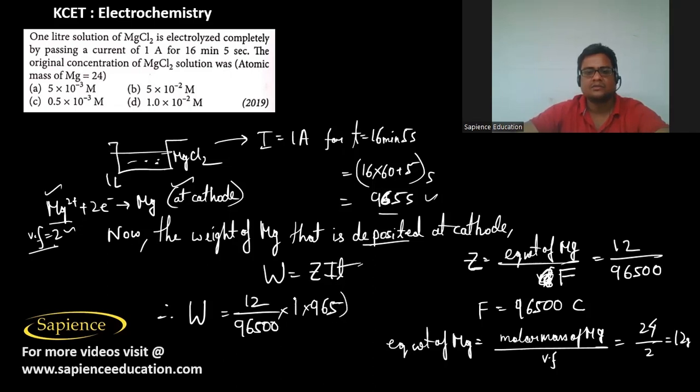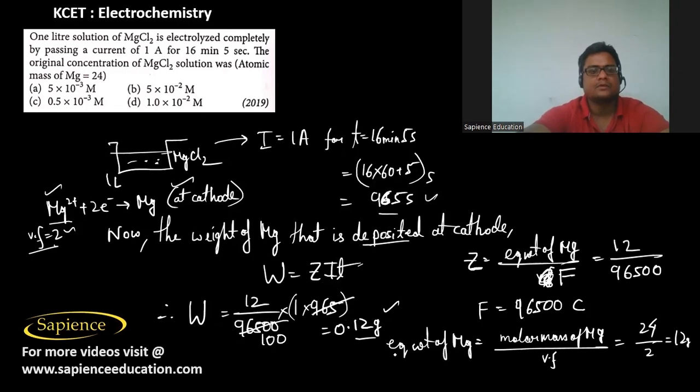So 965 into 100 is 96500. So 12 by 100, which is 0.12 gram. So 0.12 gram of magnesium will be deposited at the cathode.